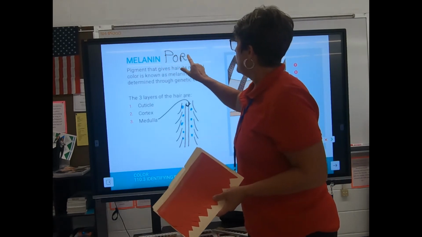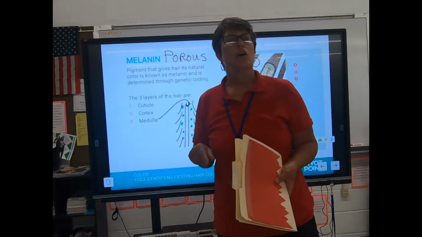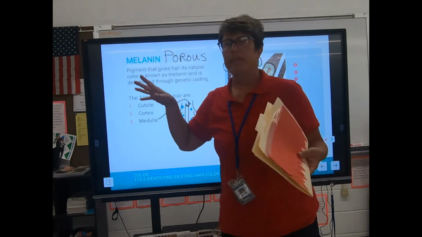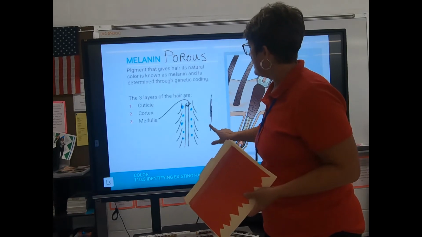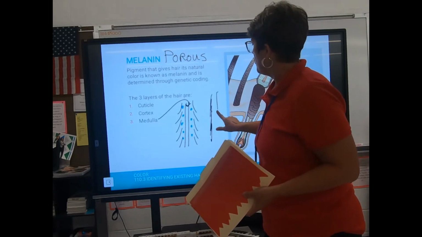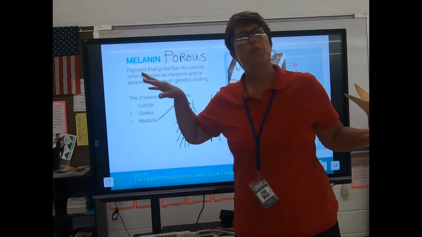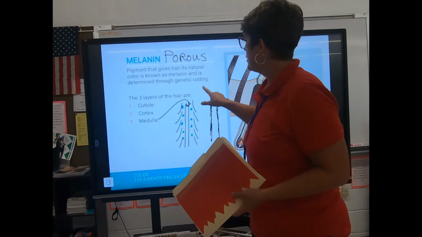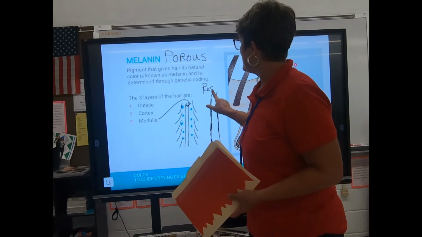It can even be extreme porosity when it's just open all the time like that. When the cuticle scales are very tight like this, and you have to work very, very hard to get products to open them up so that the chemical changes can happen, these are resistant.